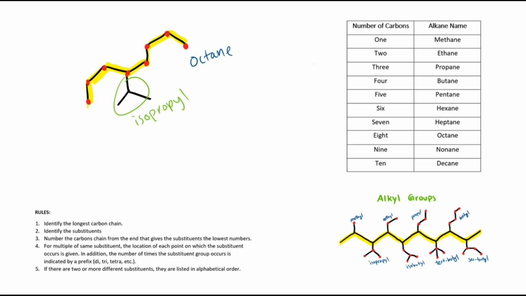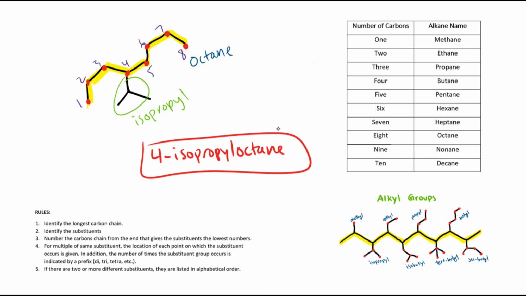We'll number the carbon chain from the left side so that the alkyl group gets the lowest possible number. 1, 2, 3, 4, 5, 6, 7, 8. Now all we have to do is put them together for the final name. 4-isopropyloctane is the final name for this alkane.